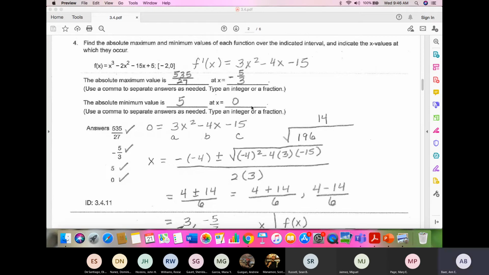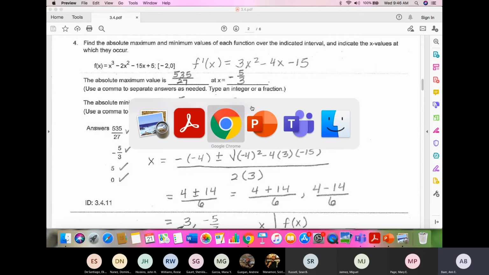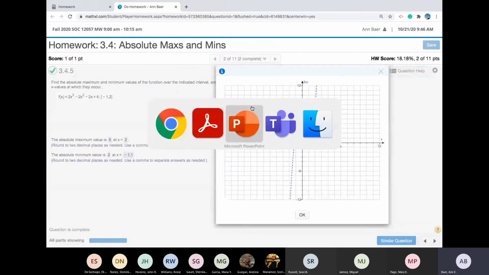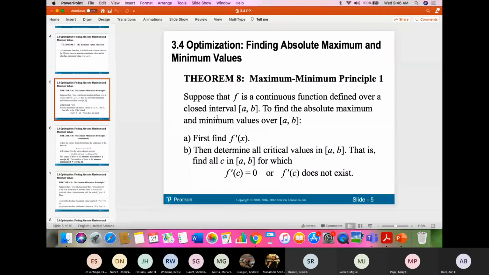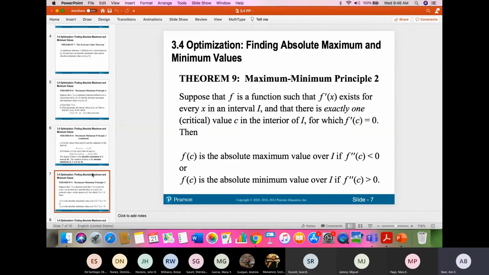So let's go back to the slideshow presentation and talk about another maximum minimum principle. We looked at this already. Let's look at maximum minimum principle number 2.